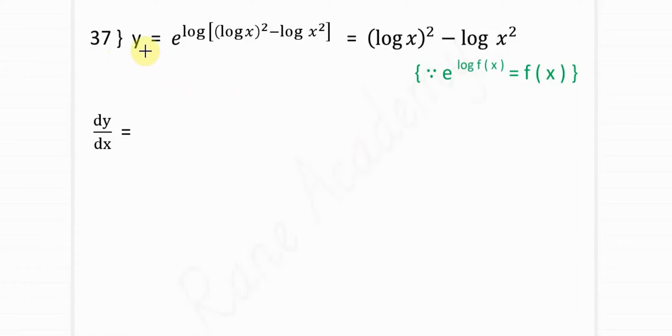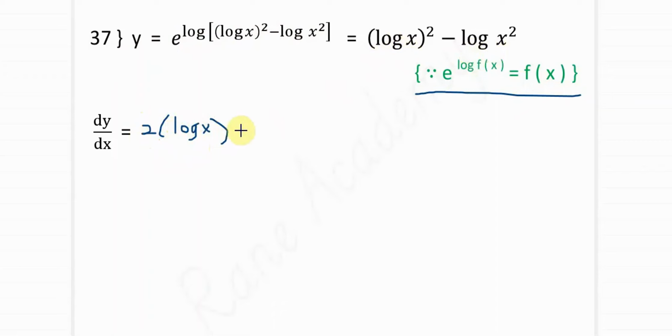Question number 37. We have y is equal to e raised to log of x whole square minus log x square. Now when nothing is present, it means to the base e. We are going to use this result: e raised to log of f of x is f of x. So we have log x whole square minus log x square. Now we differentiate this. This is a power function, so this will be 2 log x raised to 2 minus 1.